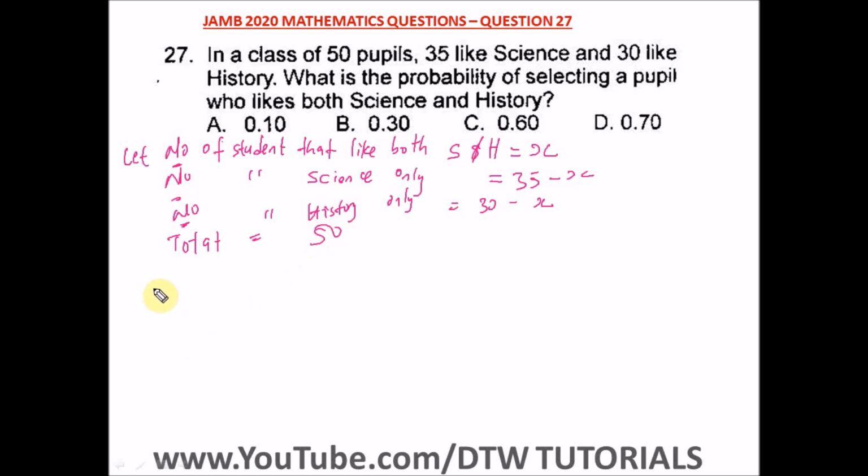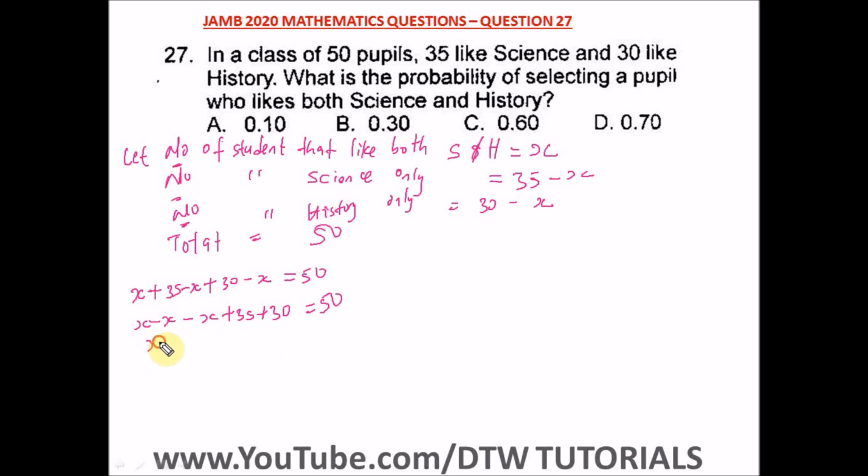50. So therefore we have x plus (35 minus x) plus (30 minus x) is equal to 50. Collecting like terms, we have x minus x minus x plus 35 plus 30 equal to 50.